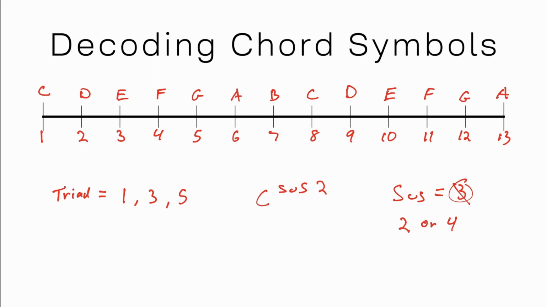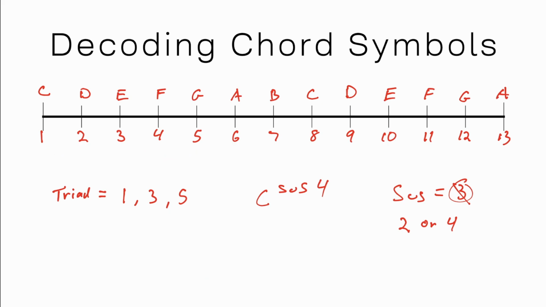So C sus 2, instead of C, E, and G, we're going to get the E out of there and replace it with the 2, which is D. So C, D, and G. Or if it's a C sus 4, like that, we're going to include the fourth: C, F, and G, which would kind of look like this on our line here.